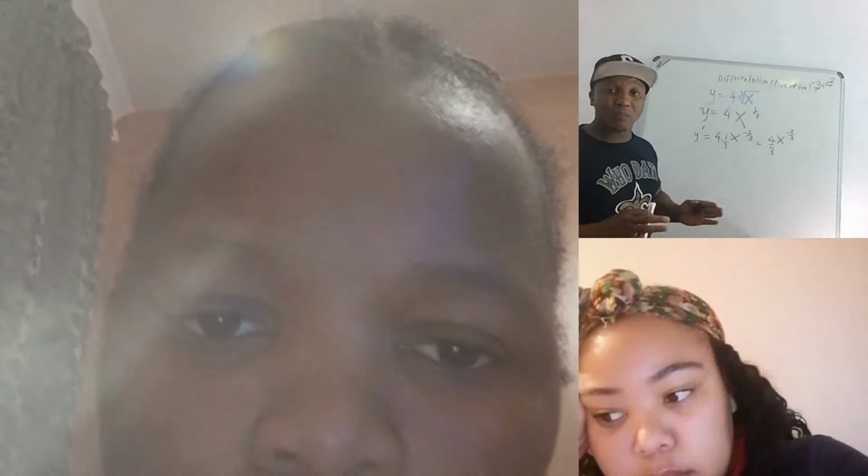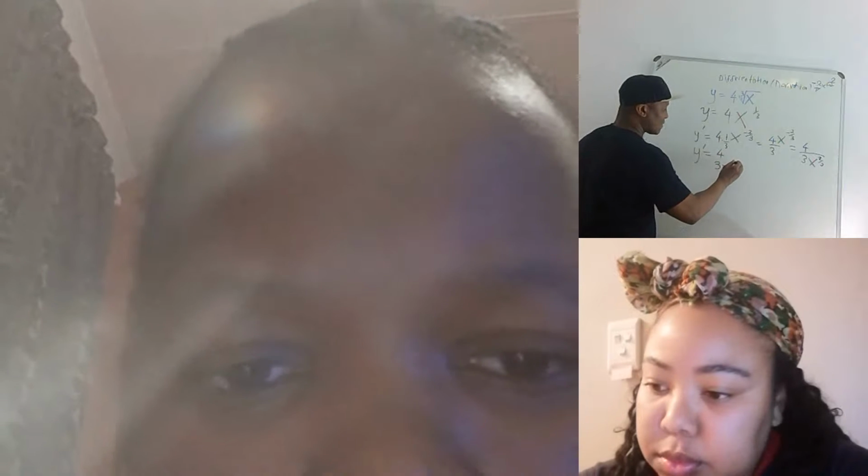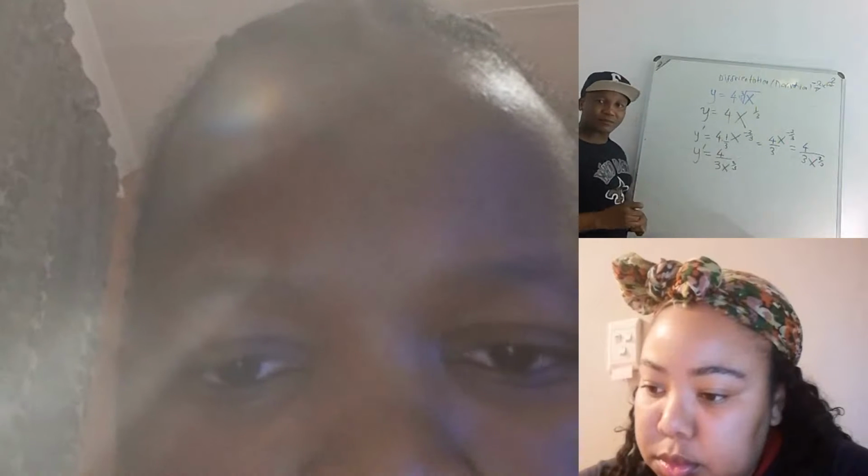Because it has a negative power, I bring it to the bottom, and the 2 over 3 becomes positive. And then we're done. So y prime equals 4 over 3 x to the power of 2 over 3. More examples. Let me take a picture and do more examples.